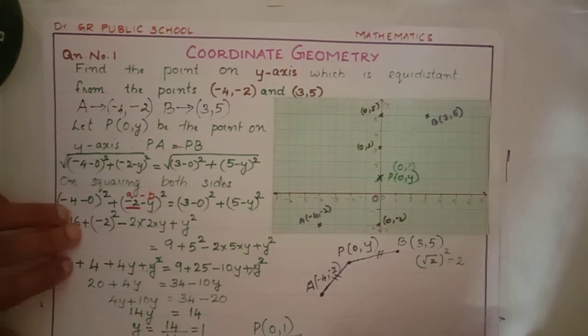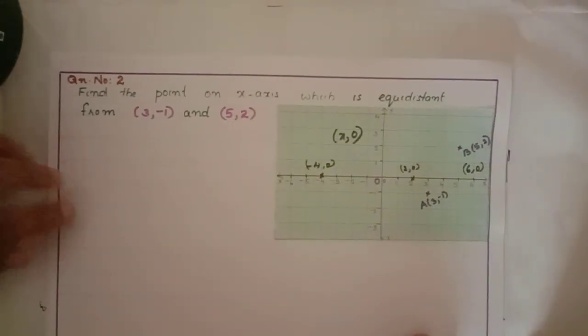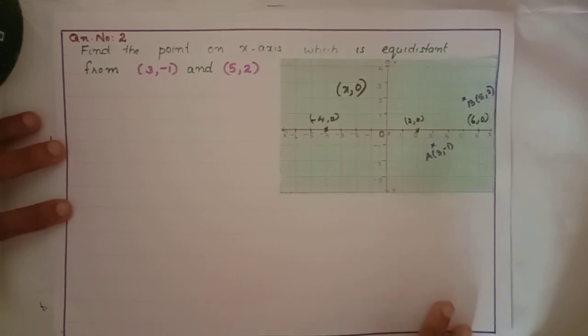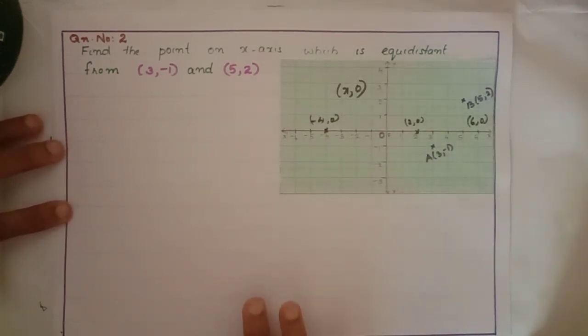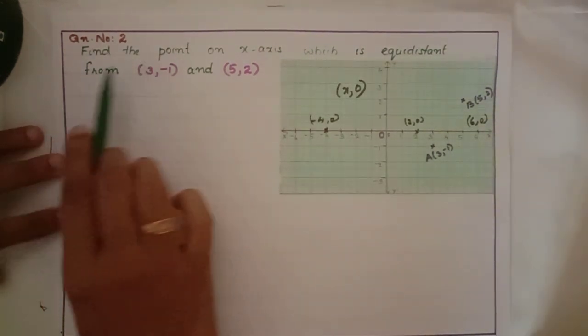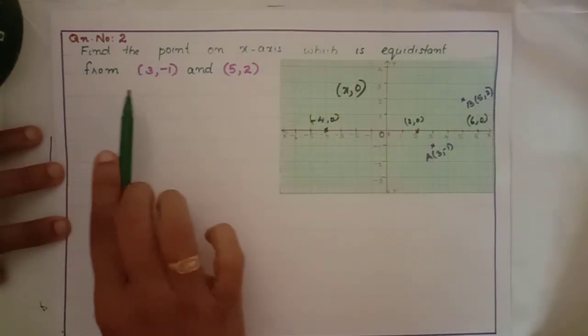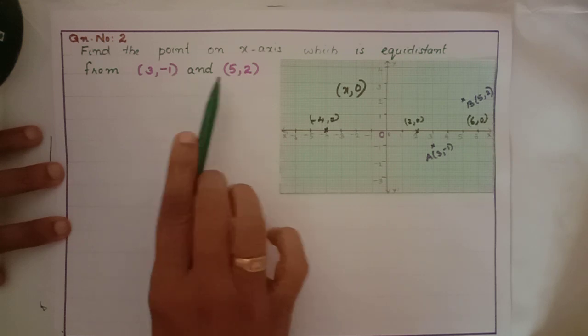Okay. Now consider another question. Question number 2: find the point on the x-axis which is equidistant from (3, -1) and (5, 2).